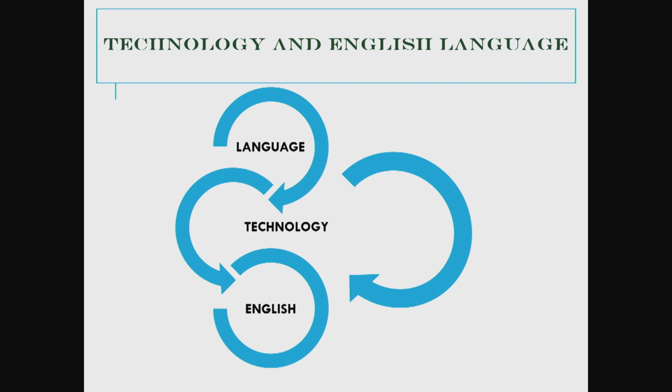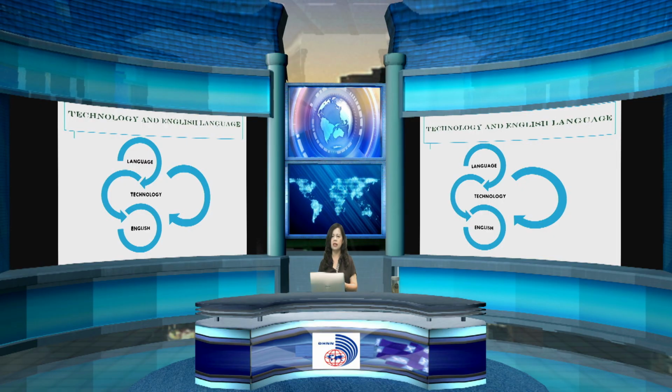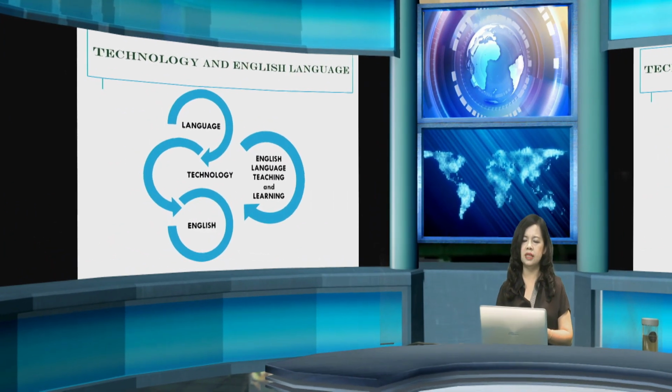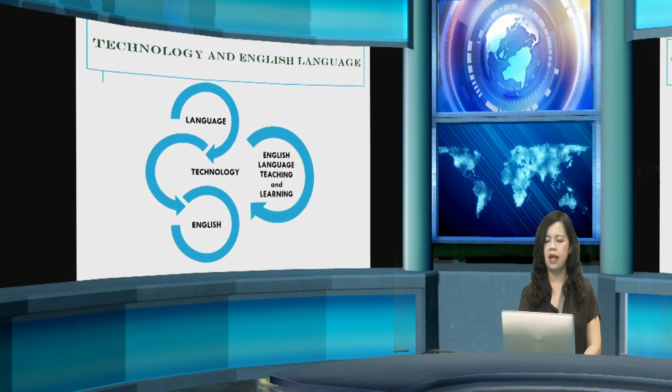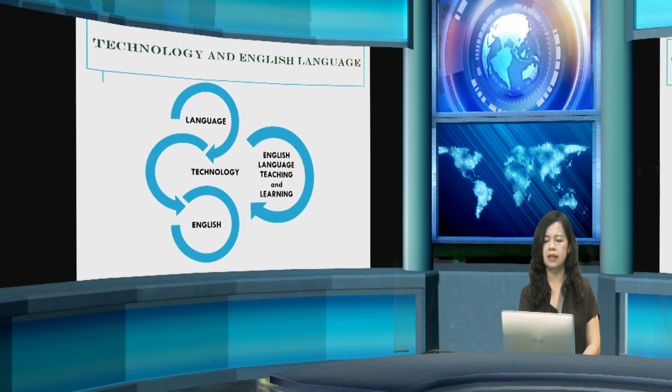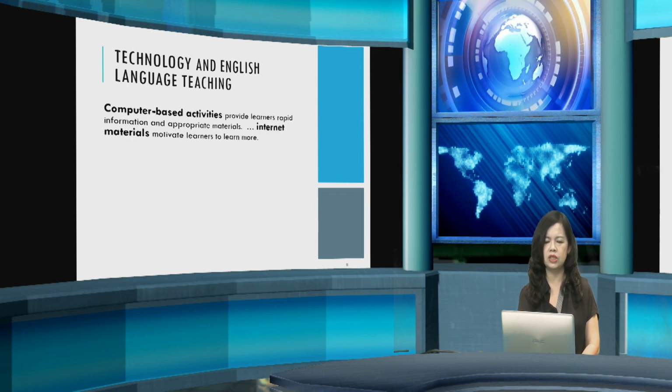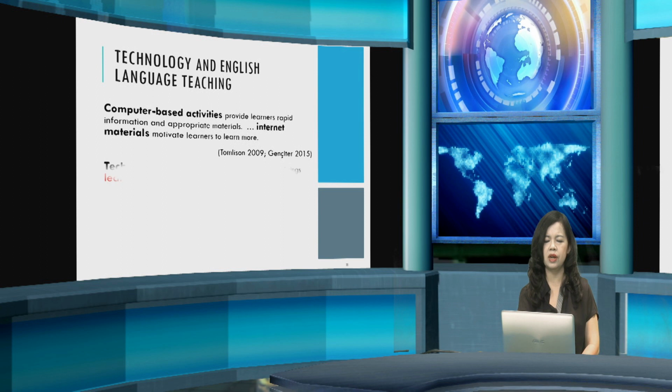We know how language has been connected with the use of technology, and as English has become a global language and a medium of communication, the use of technology has expanded the way people communicate, and we can see how important it is and what implications it can have on English language teaching and learning.